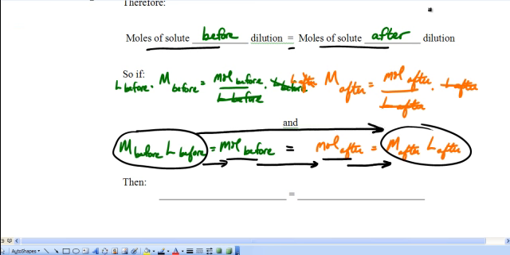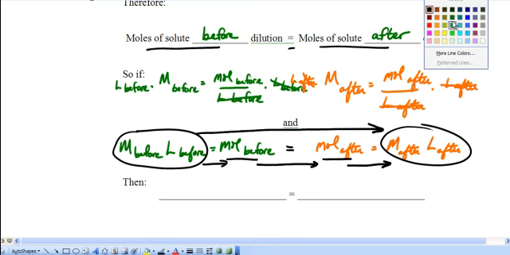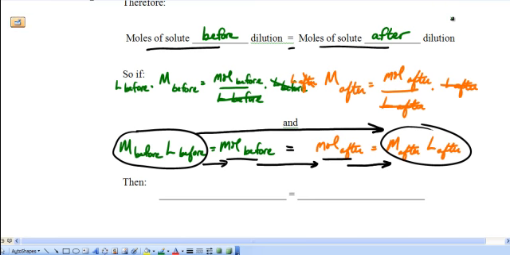And so now I'm going to rewrite this equation to say that the concentration before times the volume before is going to equal the concentration after times the volume in liters after.